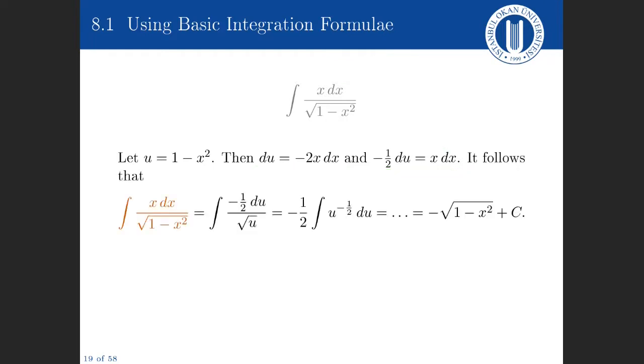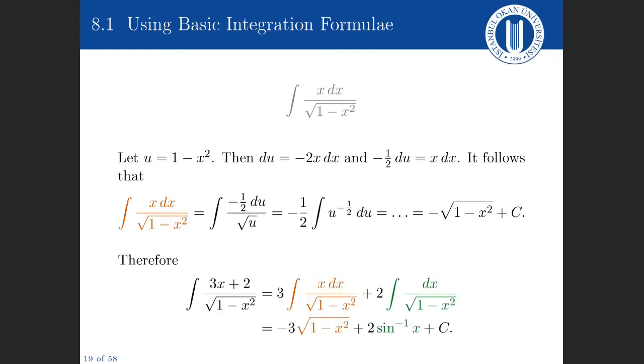So when we do the substitution, our integral changes into the easier integral, the integral of minus a half divided by the square root of u. And this one, you know how to integrate, so I won't talk about the details. Putting everything together, we can write down the answer to this problem.